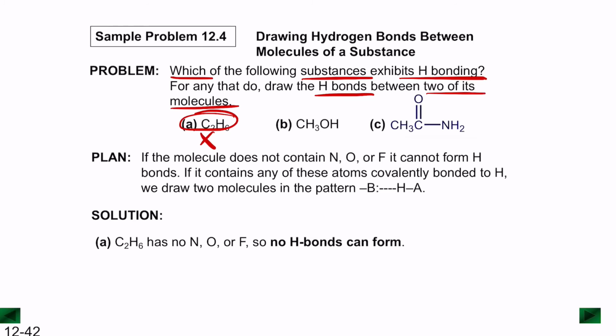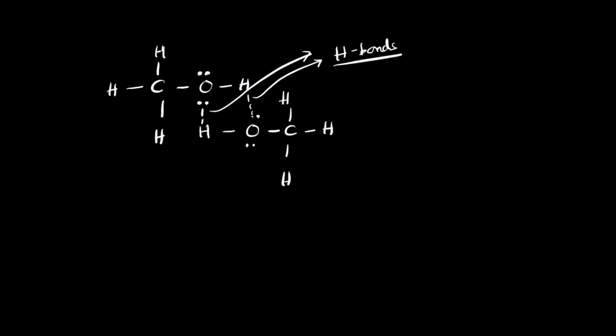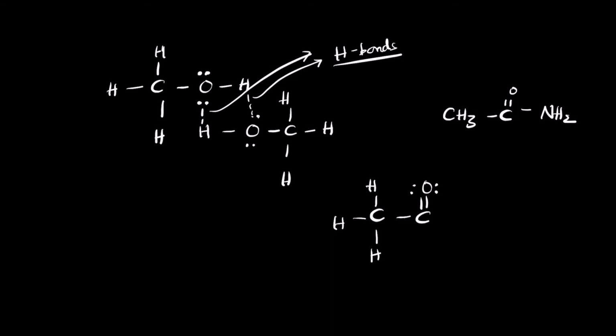Next, you have CH3, C double bond O, NH2. Let's try to draw that structure. CH3 can be written as, next we have C double bond O with two lone pairs, and nitrogen with two hydrogens and a lone pair.